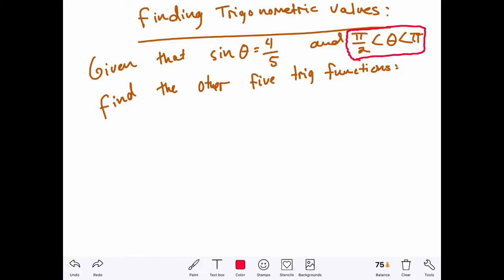Okay, so I might say, I can use sine squared theta plus cosine squared theta, my Pythagorean identity here, to maybe solve for cosine.